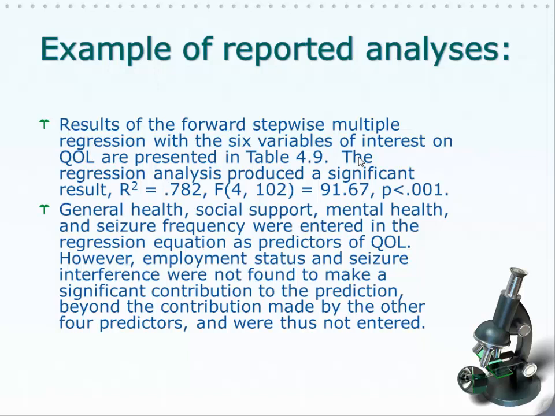If you looked at the beta of general health, social support, mental health, and seizure frequency, those would be larger. And so you could look at the betas for those different variables and see which of those 4 variables contributed the most to the prediction of quality of life.